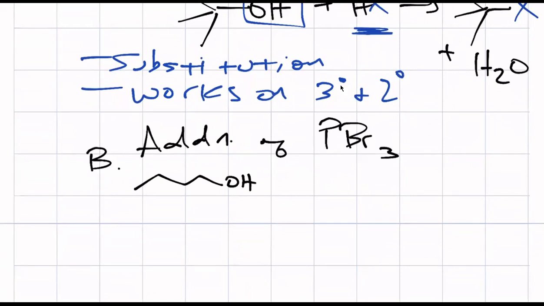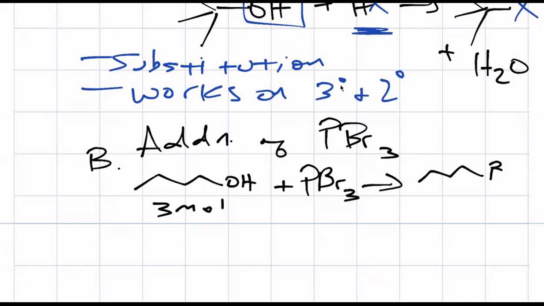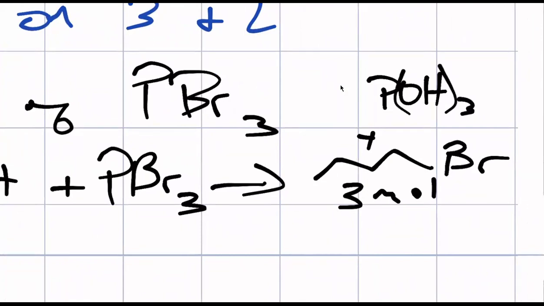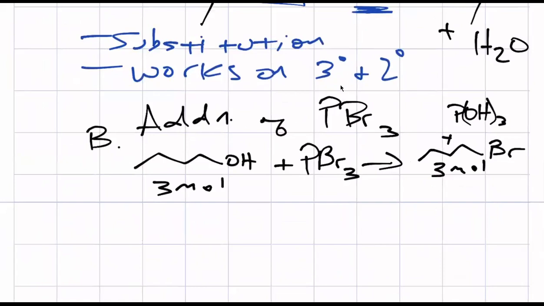You take 3 moles of it, and each one of those moles is going to react with the phosphorus, right? So you end up with 3 alkyl halides. And then I ran out of room again. P(OH)3, right? We're going to talk about it, so don't panic if it's not clear or if it's not making sense. It'll make sense when we discuss it.